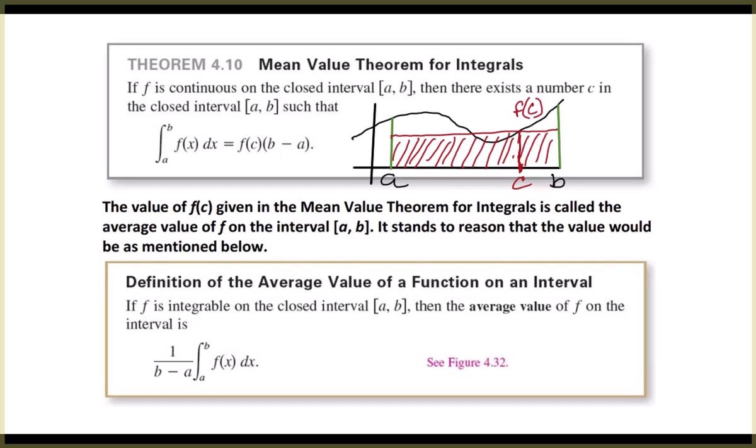That's what this means in a geometrical context. So there is some C out here, and we could find it if we wanted to. If I take F of C as the height of that rectangle, and B minus A is the base of that rectangle, the area of the rectangle equals the area under the curve from A to B.